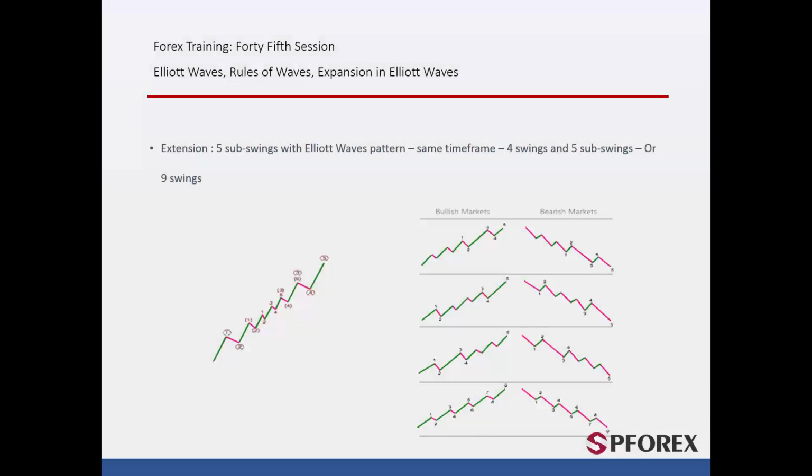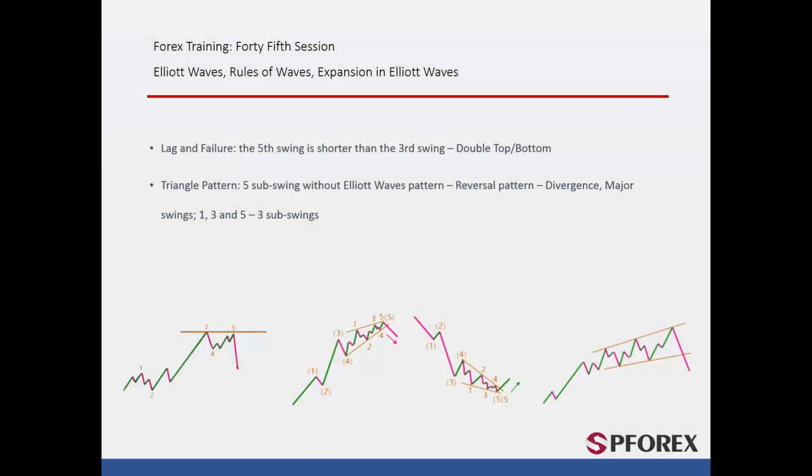Swings number 1, 3 or 5 can be extended by sub-swings. The extended swing has 5 sub-swings with Elliott wave patterns, which are detectable on the time frame of the main Elliott wave swings. Frequently, the third swing has an extension in its structure. The left graph shows the extension has occurred on the first swing.